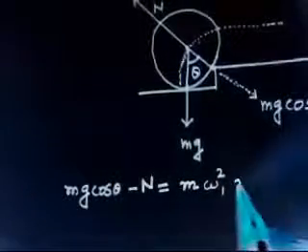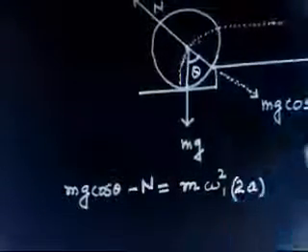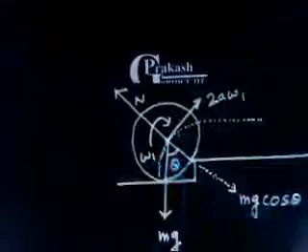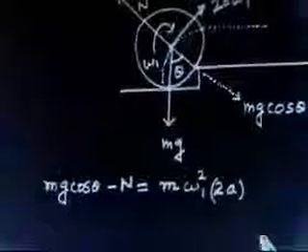So you can also write m omega 1 square into r, where r is 2a, because just after the collision, this is moving with velocity 2a omega 1, and its angular velocity is omega 1. So I can write m v square by 2a.